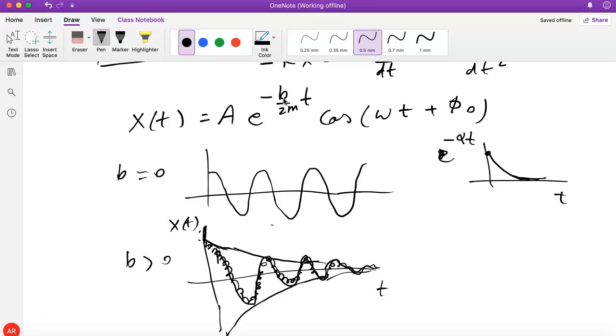Every time you add 2m over b to your total time, you divide the amplitude by a factor of e. So it's going down very fast, but it's not going to be 0 all the way up to t equals infinity. Suppose you keep dividing by 2. It becomes very, very small.